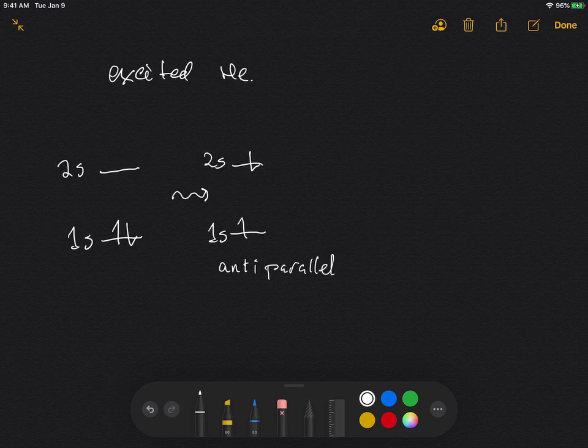We could also imagine a case where we have an excited state that looks like this, where both of the spins are pointing the same direction, or parallel spins.